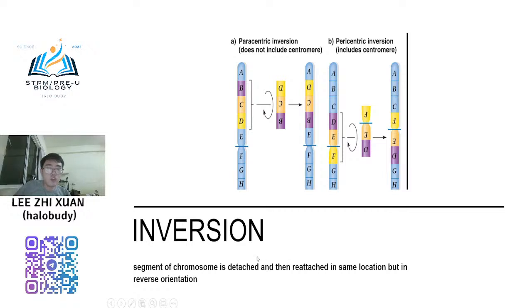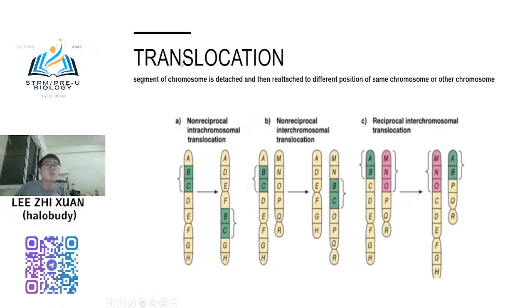Compared to inversion, it is detached and then reattached at the same location. Look at B, C, D, they just flip, but go back into the same location. It is not a different location. The one that changes location is translocation. Translocation will change the location.